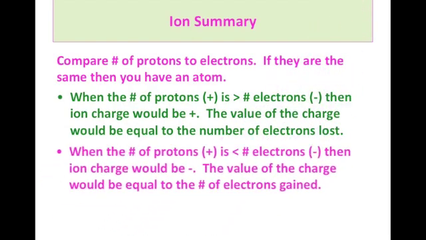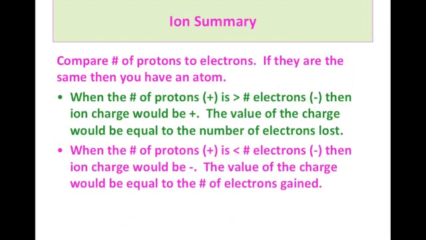However, when the number of protons is less than the number of electrons, the overall charge of the ion would be negative. The value of that charge is also going to be equal to the number of electrons that have been gained.